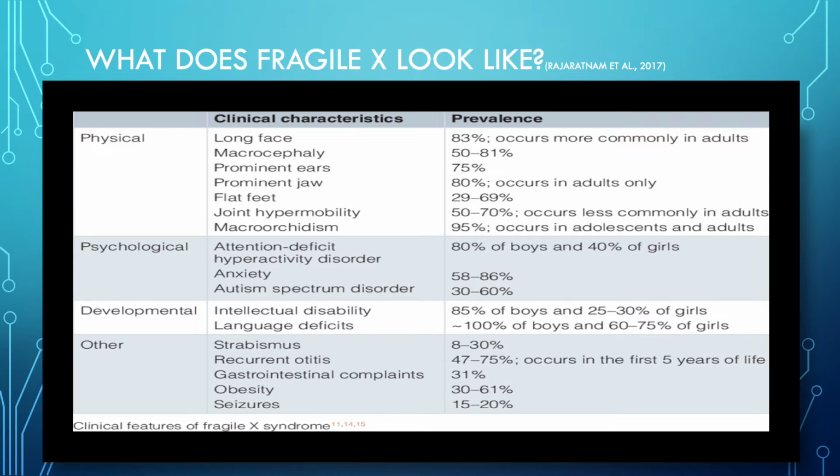What does Fragile X look like? Clinical characteristics physically for those who suffer from Fragile X syndrome include long face, macrocephaly, or a large head, prominent ears, prominent jaw, flat feet, joint hypermobility, and macroorchidism.